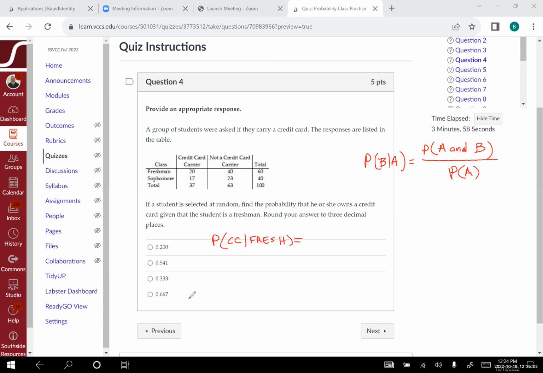Rewriting my formula on the other side, that would be the probability of being a freshman and having a credit card, divided by the probability of freshman. Notice the second thing goes under here.